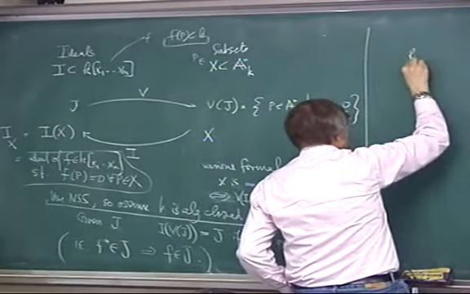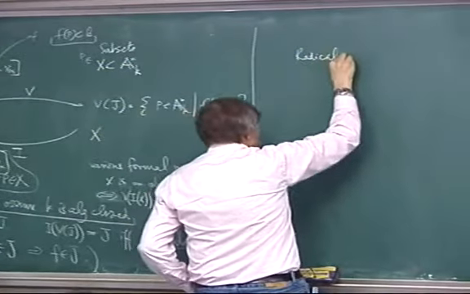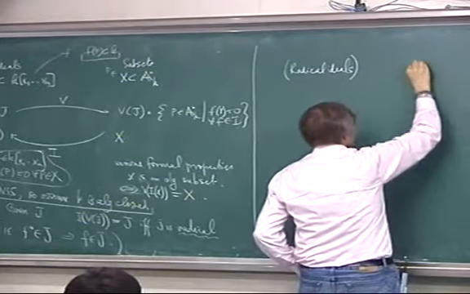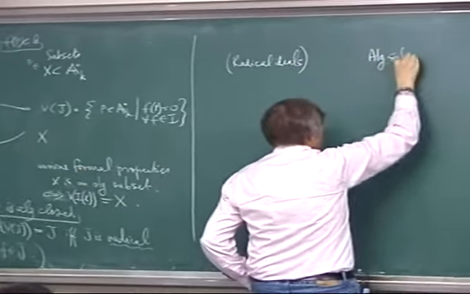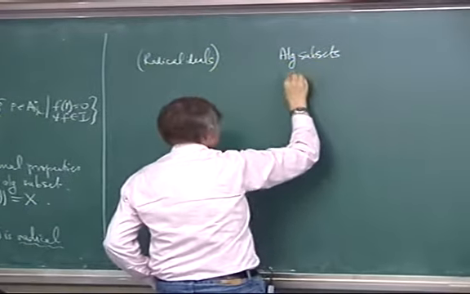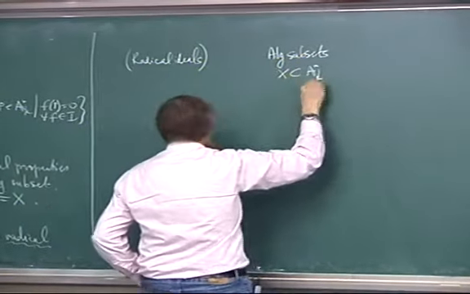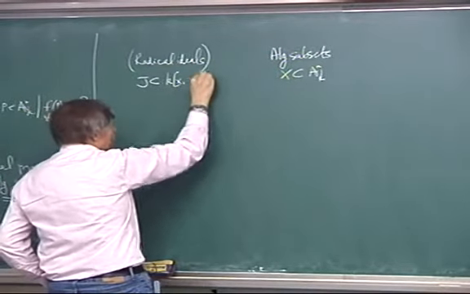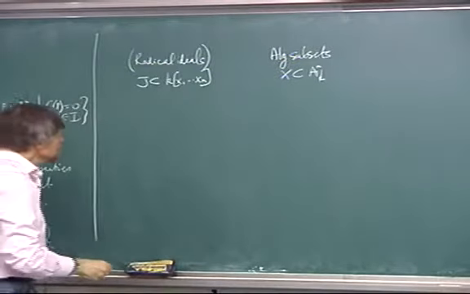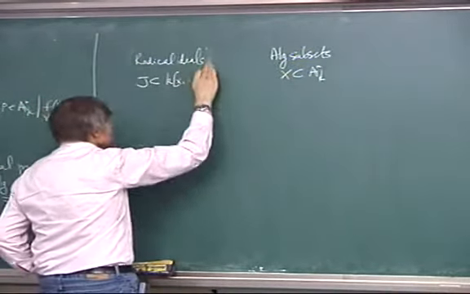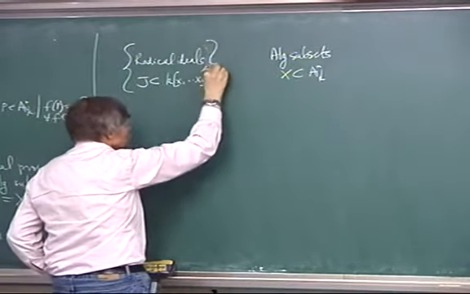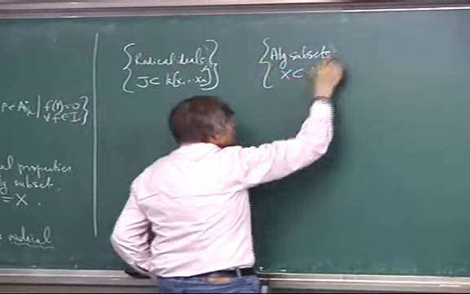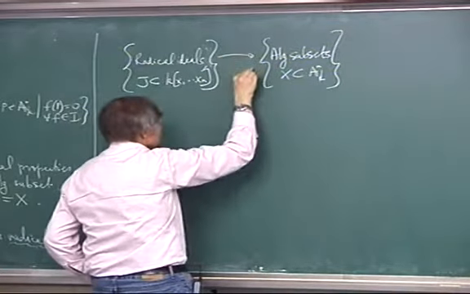So if I take radical ideals J in K[x1, ..., xn], so let me put curly brackets around these, I mean the set of all radical ideals there, and the set of all algebraic subsets X in A^n(K), then there's just a bijection.